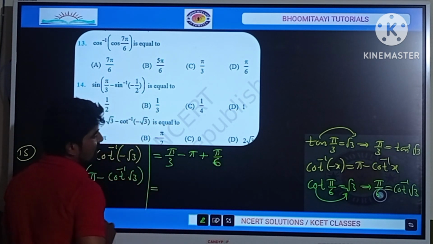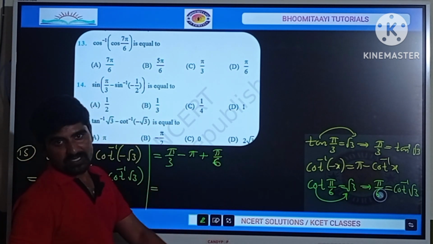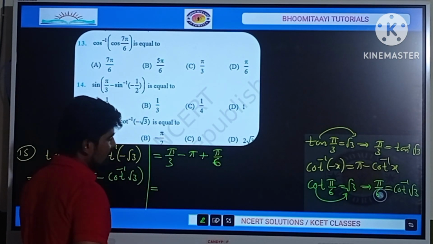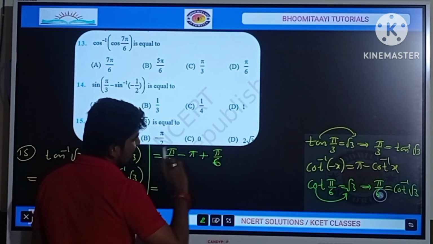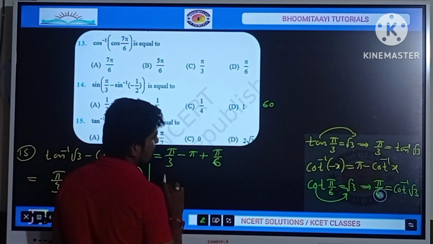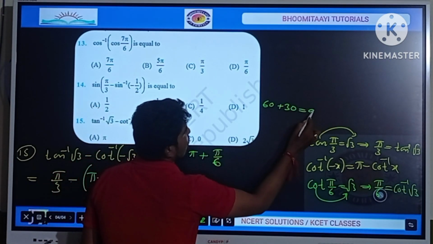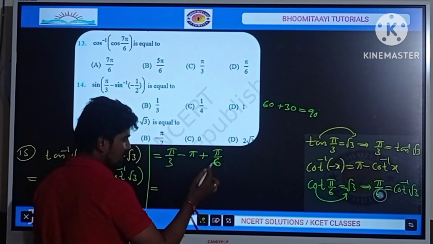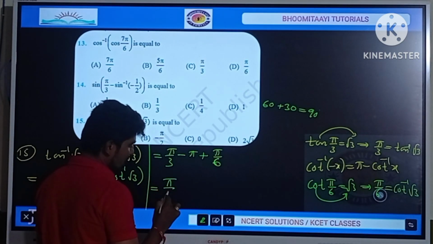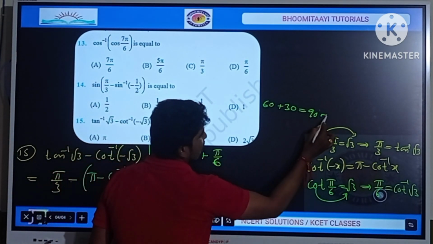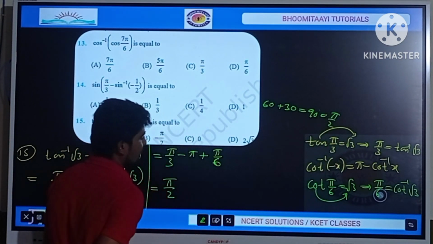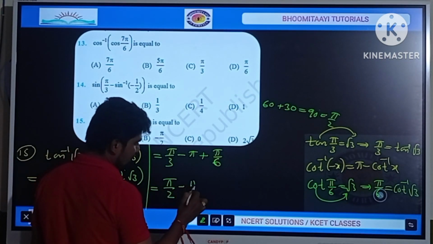Now, you may simplify by taking an LCM or we know that pi by 3 is equal to 60 degree and pi by 6 is equal to 30 degree. So 60 plus 30 is 90. Therefore, pi by 3 plus pi by 6 is equal to pi by 2, because pi by 2 is equal to the radian measure of 90 degree, minus pi as it is.